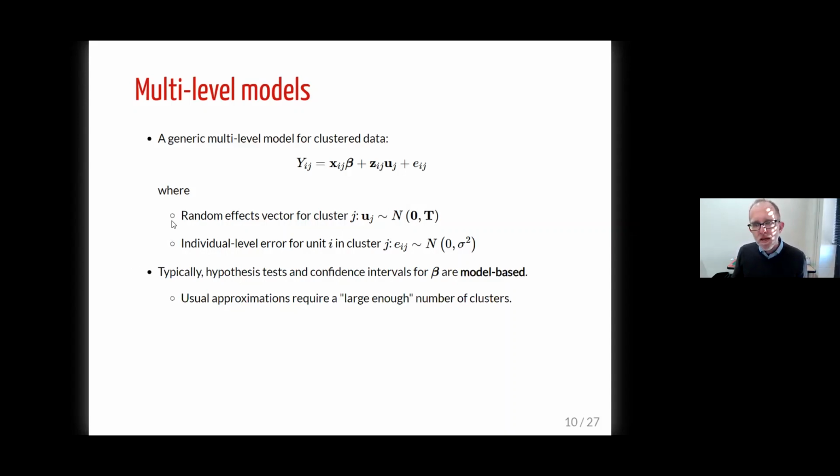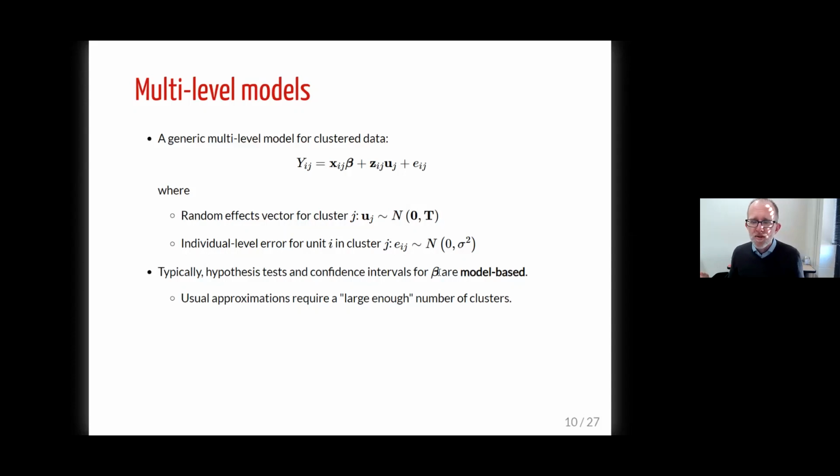So typically, if you're using a multi-level model, the hypothesis tests or confidence intervals that you would calculate for the fixed effect component, for the beta coefficients, require all of the assumptions of the model. They require that the random effects are properly specified, and they require that the structure of the individual level errors is also properly specified.